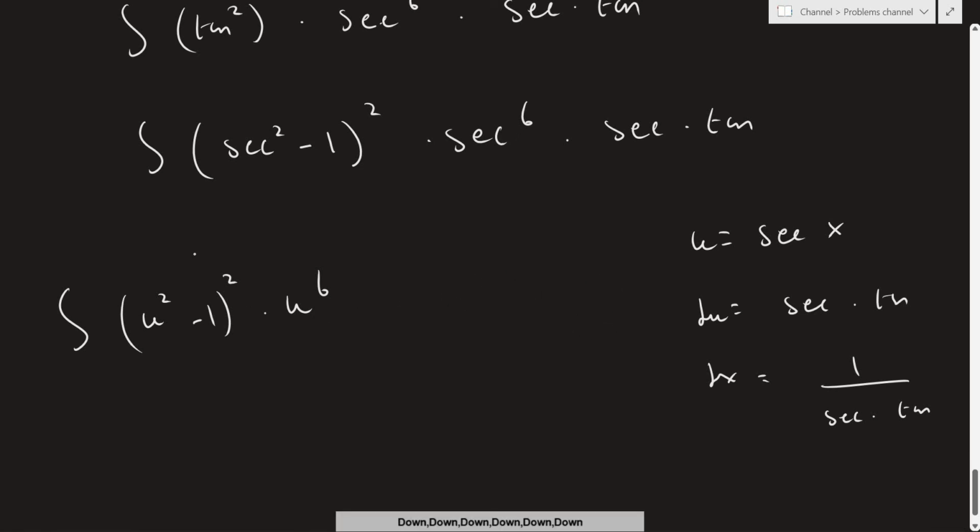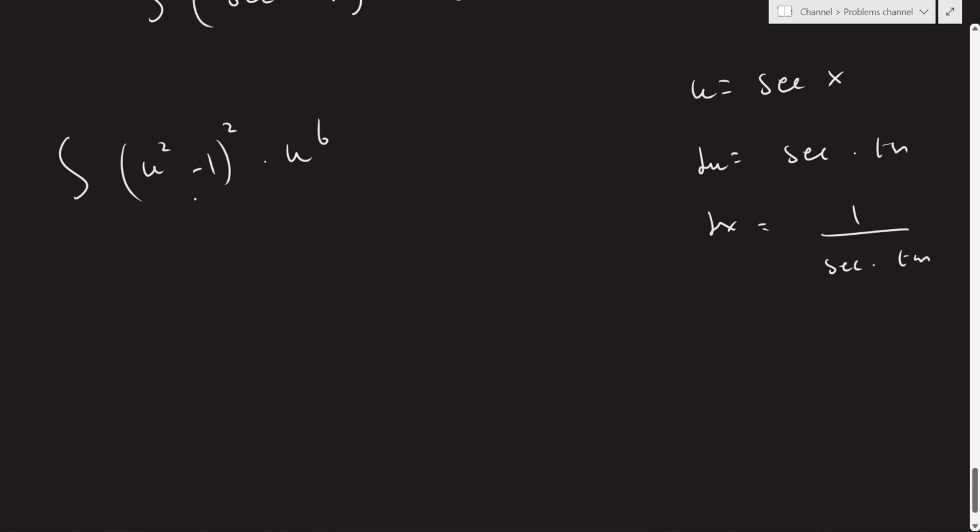Now, we expand. u squared minus 1 is going to be a squared, which is u power 4, minus 2ab, so 2 times u squared times 1, then plus b squared, which is 1. Great. Now multiply by u power 6. Add the powers since it's multiplication.